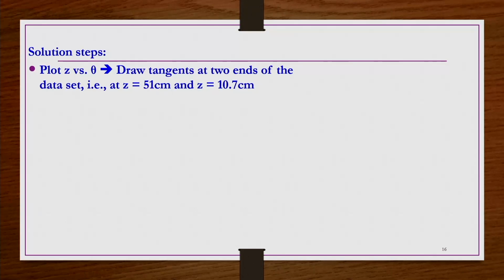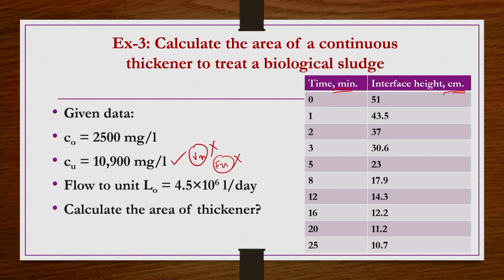You have to plot z versus theta, and the two ends of the data points are z equals 51 centimeters and z equals 10.7 centimeters. So, z naught is 51 centimeters as per the data points given, because it is at 0 time.